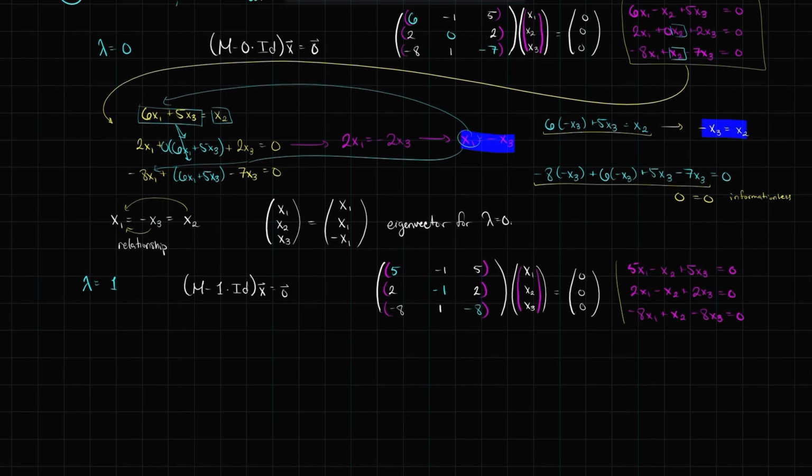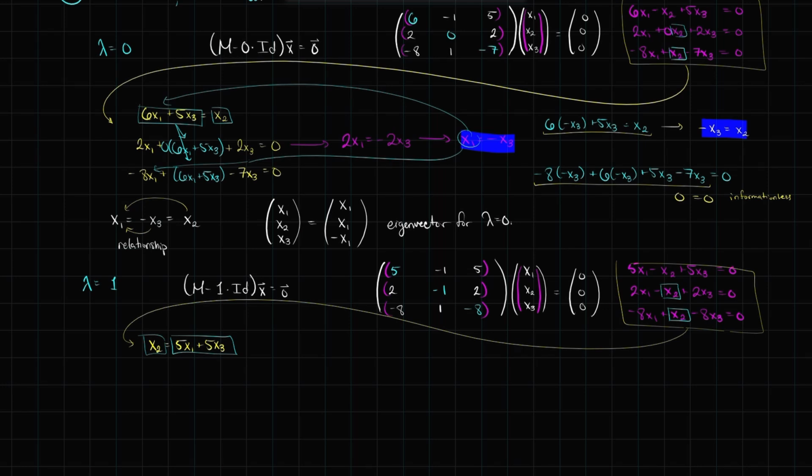And I get to play the same games I played before. Grab this entire system, pull it over here, solve the first one for x2, as x2 is giving me 5x1 plus 5x3. I can use that in the second line, since I have solved for x2. I can use that in the second line there, and in the third line there.